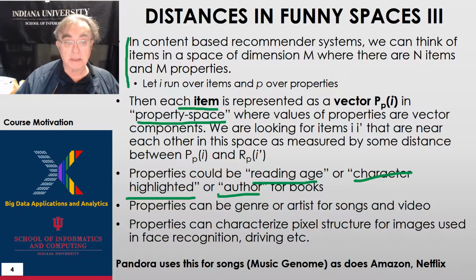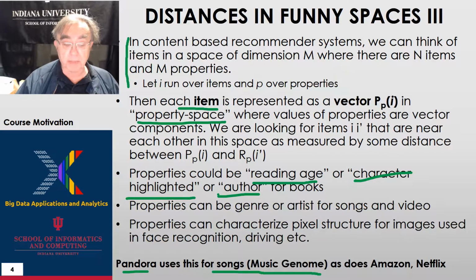This type of content-based recommender engine is different: think of them as vectors, but they don't have quite the same feature of having lots of non-valid entries. And this is used by Pandora, which uses content-based recommenders, the so-called music genome.